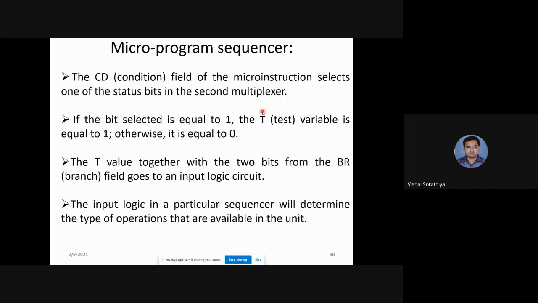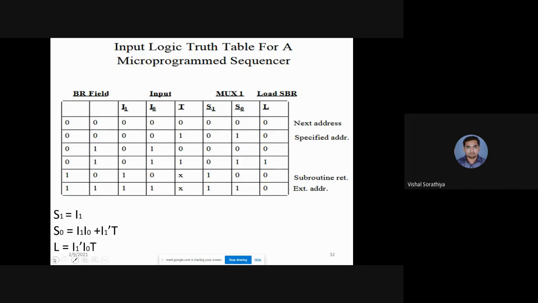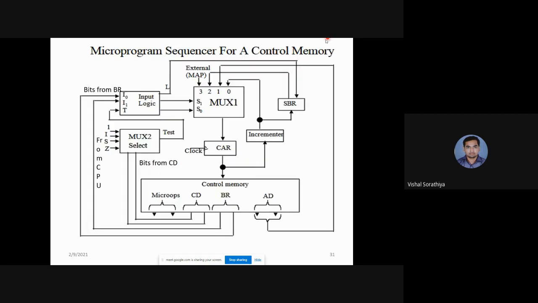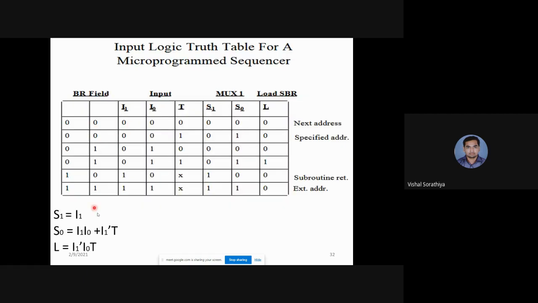That L is going to be generated by I0, I1 bar and T. So from this table, this overall stuff is going to be generated depending upon I1, I0, T and all the things. Okay. So what will be inside this box? That is the logic over here.